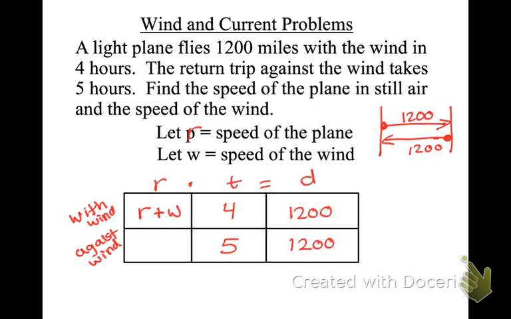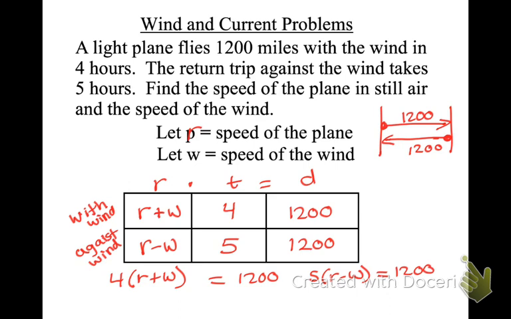And what is the speed going to look like? What are we going to call that, Cameron? R plus W. Wait, I'm going against the wind. R minus W. So those are your two equations. 4 times R plus W equals 1,200. And the other one is 5 times R minus W equals 1,200.